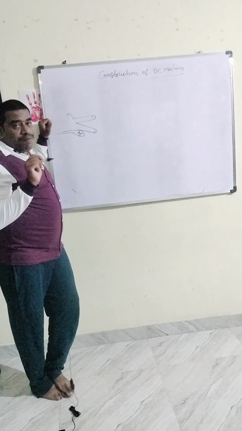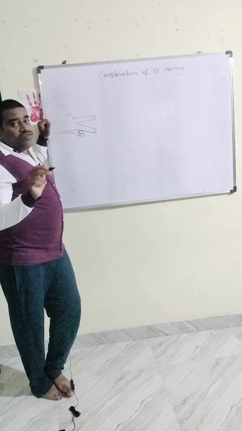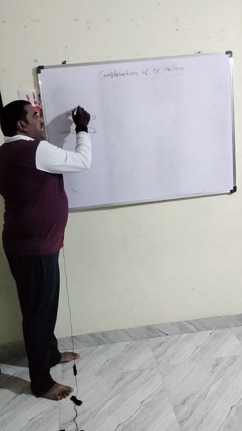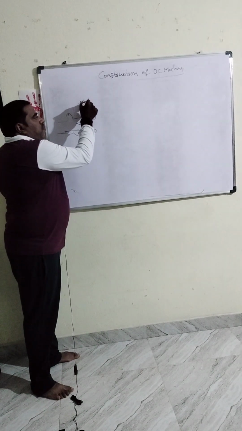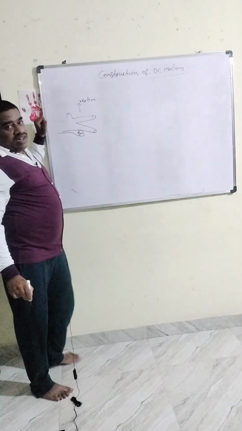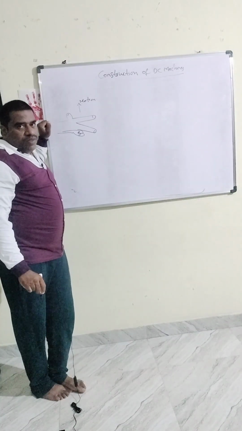Each will be mutually perpendicular to the others. This thumb will be perpendicular to the forefinger as well as the middle finger. The forefinger must be perpendicular to the thumb and middle finger. And the middle finger must be perpendicular to both the forefinger as well as the thumb. Then the thumb will indicate the direction of the motion.